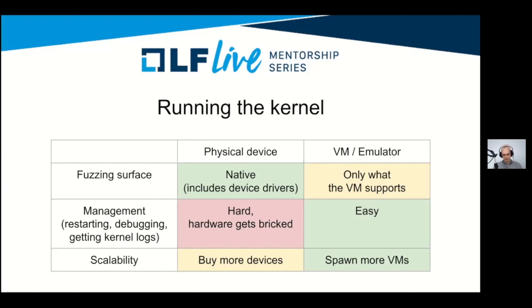The only problem with buying more devices is that you might encounter it if you're trying to fuzz some device that's really hard to acquire. Let's say you just have a single device and you can't actually get any more. That's something that can cause a problem in case you are trying to scale it up.